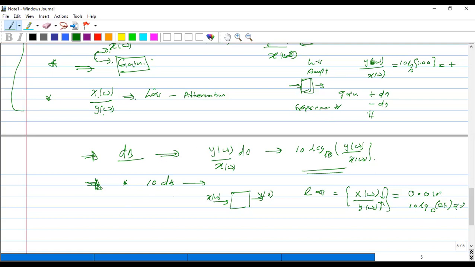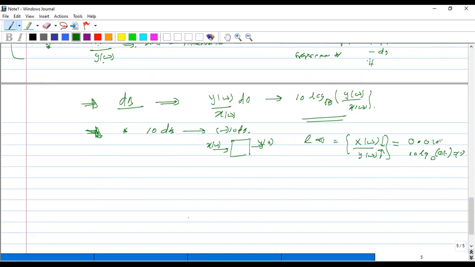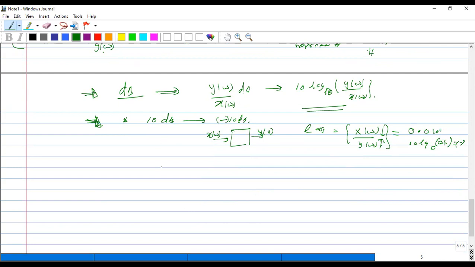So if someone says the gain is 10 dB, the loss will be minus 10 dB. Very easily, you just have to change the sign. So 10 dB means nothing but 10 log 10 of y omega over x omega.